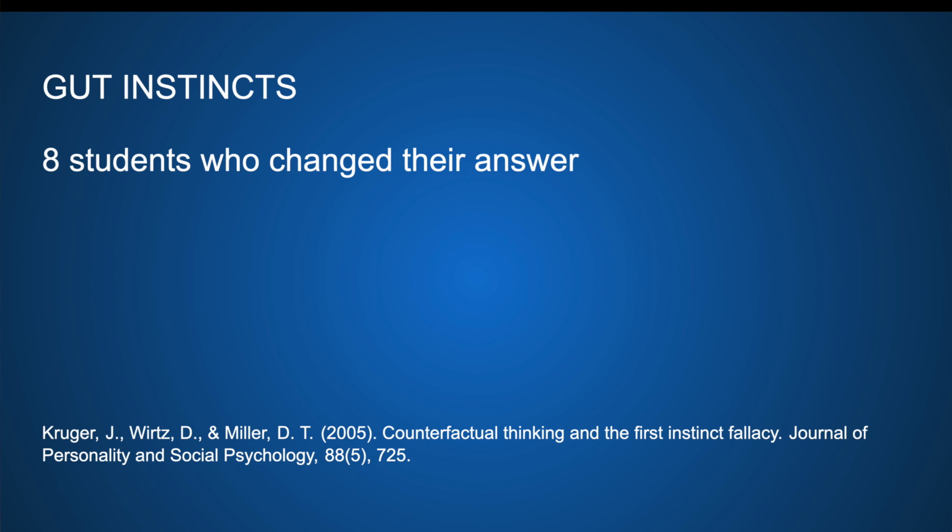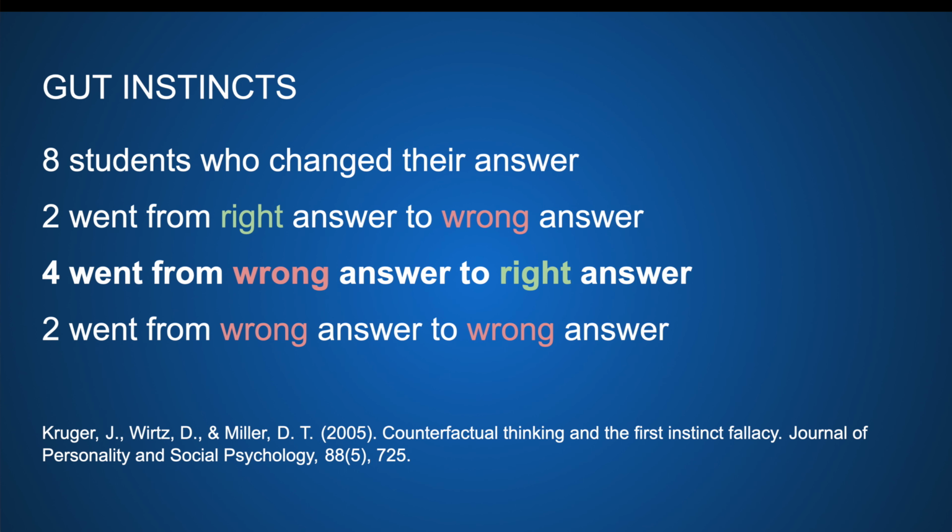So these are some simplified results of what they found. So they had 8 students who had changed an answer on a test that they were given. 2 of those students had the right answer first and they changed it and went to the wrong answer. That's the one that really sticks out though, because it hurts the most, because it's just like, we almost had it.